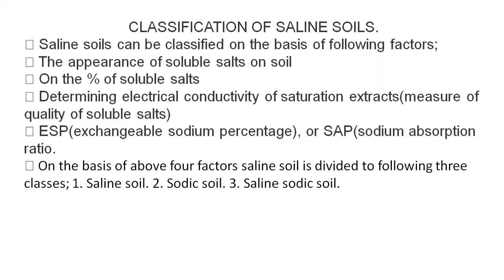We can also classify saline soils on the basis of the electrical conductivity of the saturation extract, and the measure of quality of the soluble salts. ESP, exchangeable sodium percentage, is another basis on which we can classify them, or SAR, that is sodium adsorption ratio.